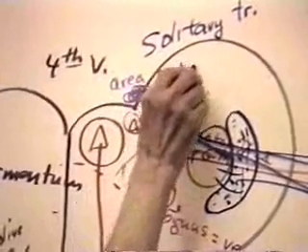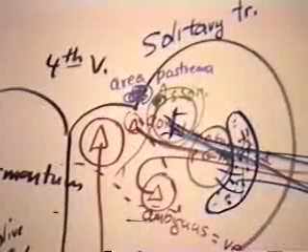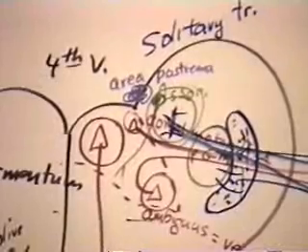Which is one of the half dozen or so places in the central nervous system that has a poor blood-brain barrier, which, if given enough time and enough toxic dye or whatever, will accumulate.